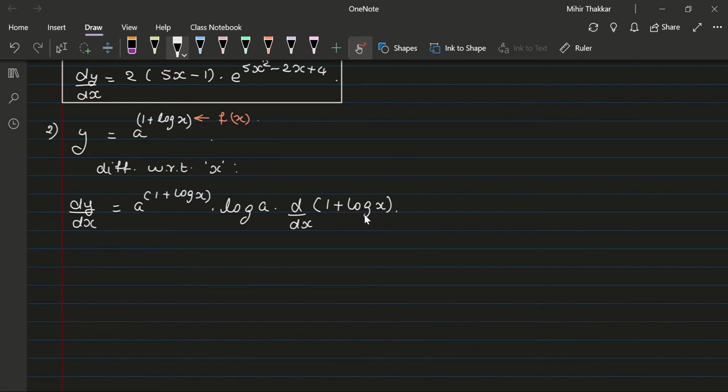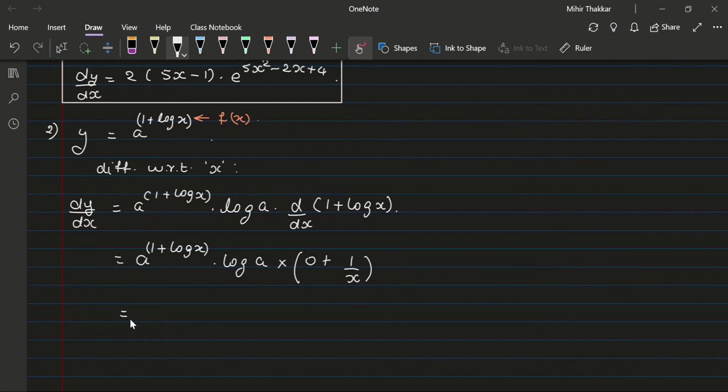So multiplied by derivative of 1 plus log x. I will get the a raised to 1 plus log x element as it is because it is outside the derivative sign. Again log a as it is, and in 1 plus log x, the derivative of 1 is 0, and the derivative of log x, you all know, is 1 upon x.